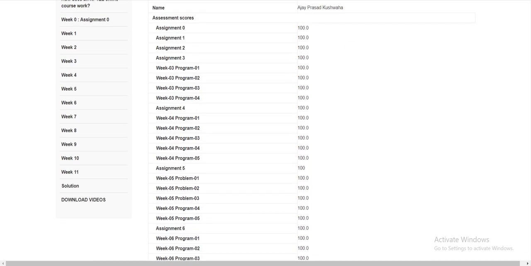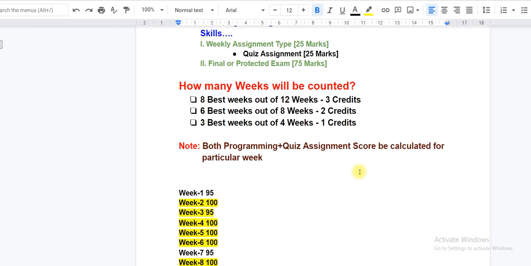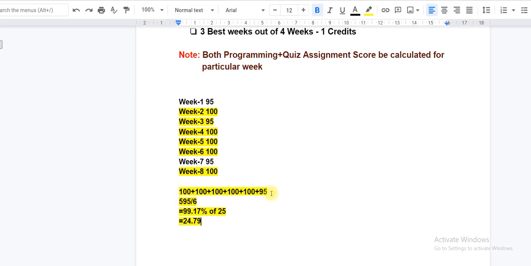And again the similar logic will be applied. Here we are selecting 6 weeks because this is an 8-week course. Coming to Programming in C, it is a 12-week course. So NPTEL will pick the 8 week scores, take their sum by 8, and see what percentage you get. That percentage of 25 will be your assignment score.